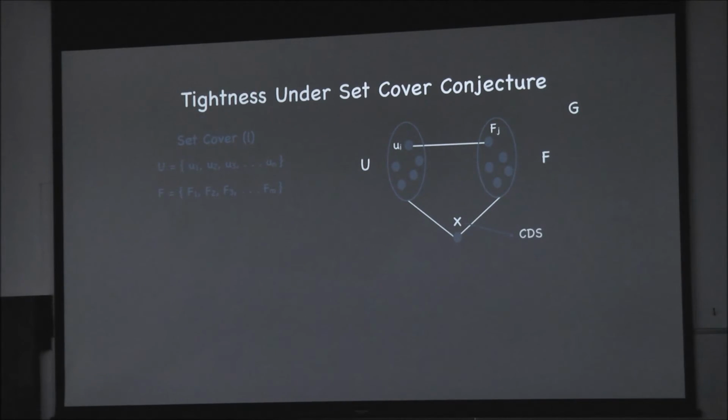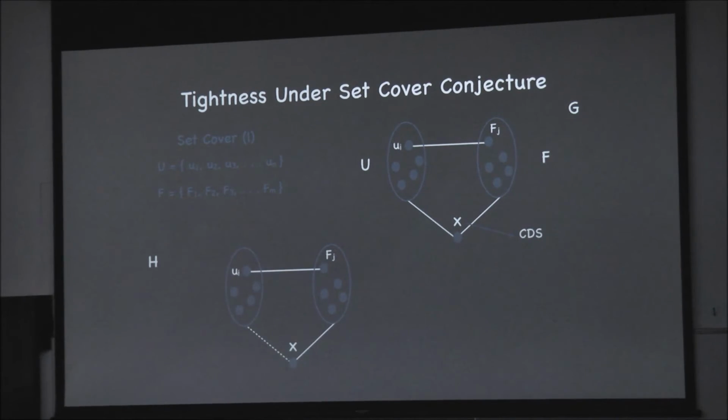Now, this completes the first graph G. X is a connected dominating set for this whole graph. It's clear, right? X is a universal vertex, so it's adjacent to everything. So the singleton set X is a dominating set. It's also connected because it's just a singleton set. So this is our initial solution.